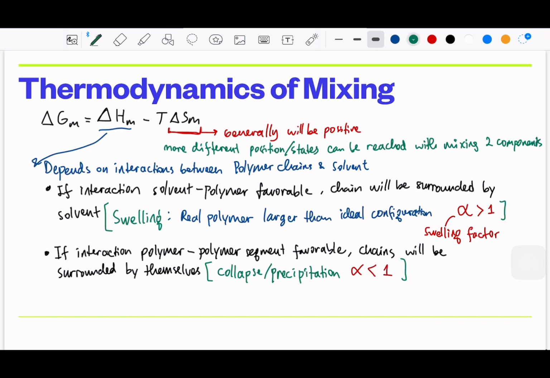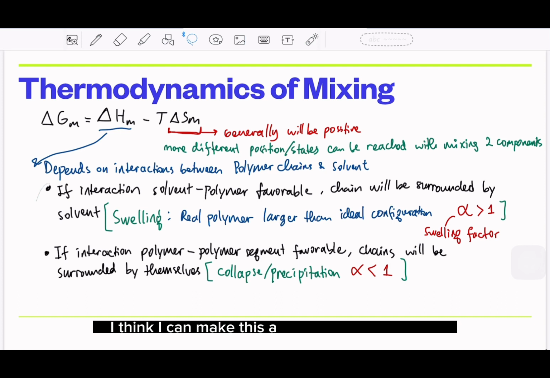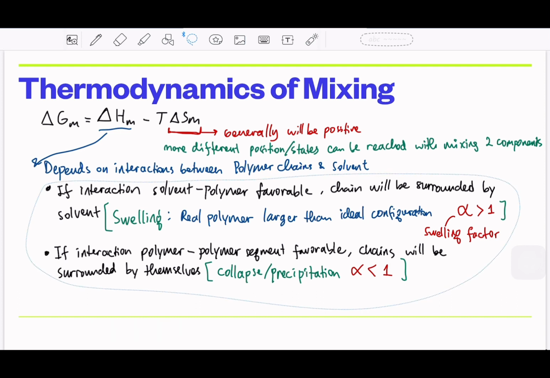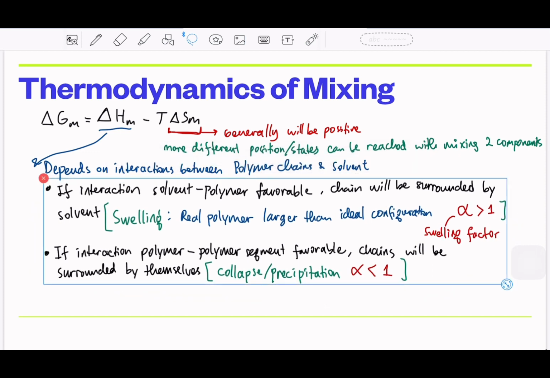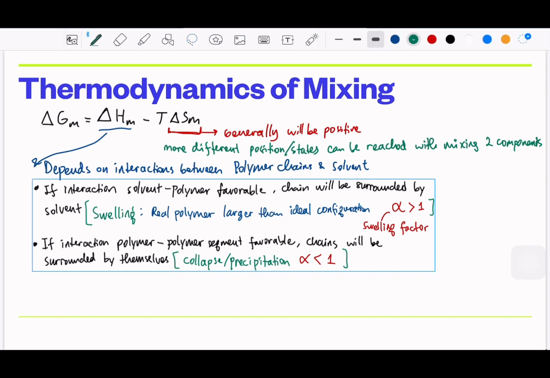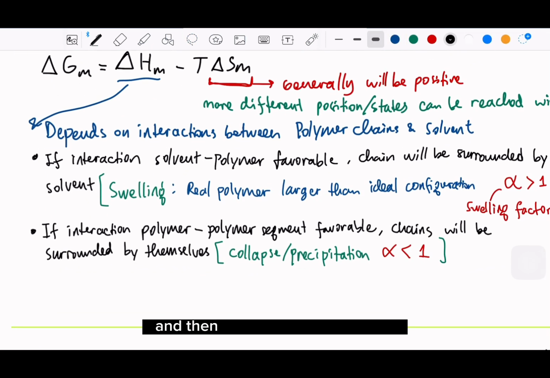I think I can make this a little bit to the left side and make it a little bit smaller. Okay. And then when alpha is equal 1, which means some polymer attract to other polymer and some polymer attract to the solvent. That is what we call theta conditions.